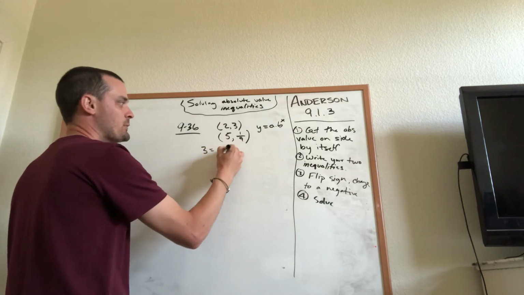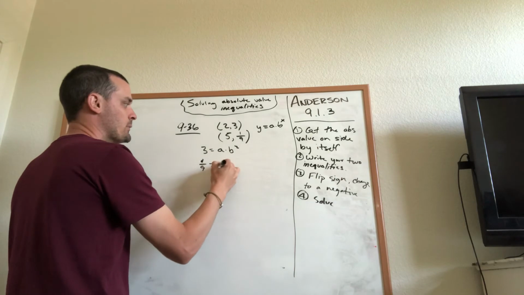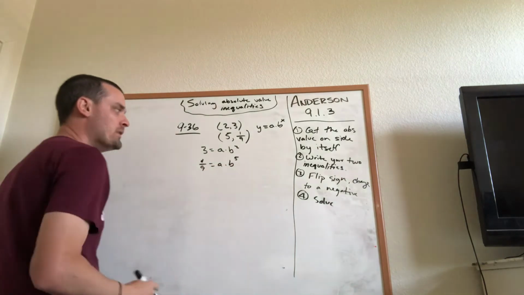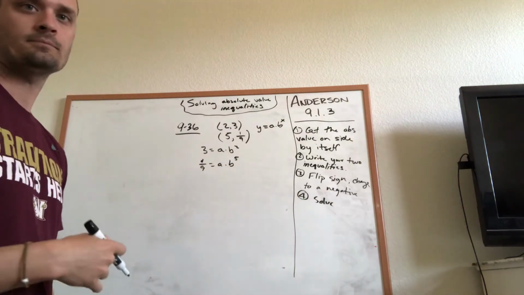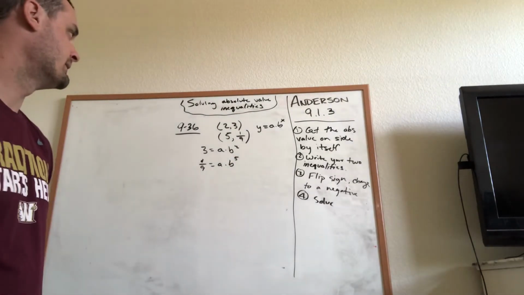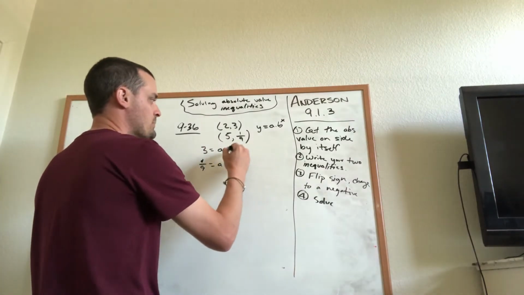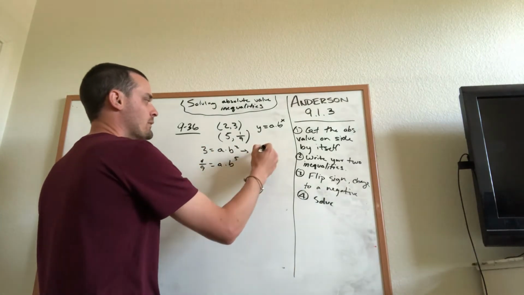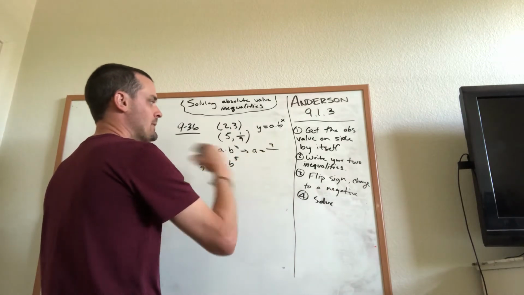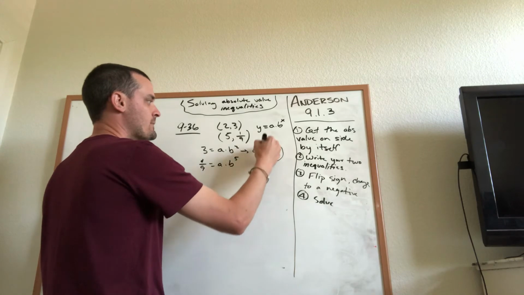So 3 equals a times b squared, and 1/9 equals a times b to the 5th. Solving for one of the variables, it's easier to solve for this one, we just move b squared over. So we get a is equal to 3 divided by b squared.